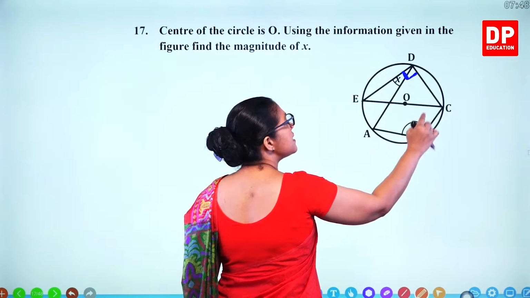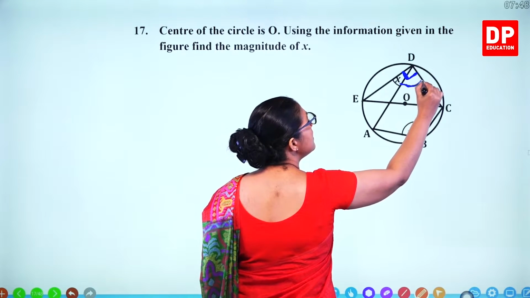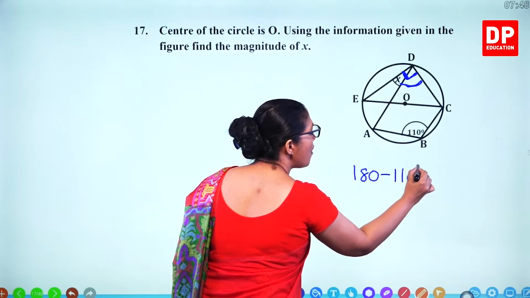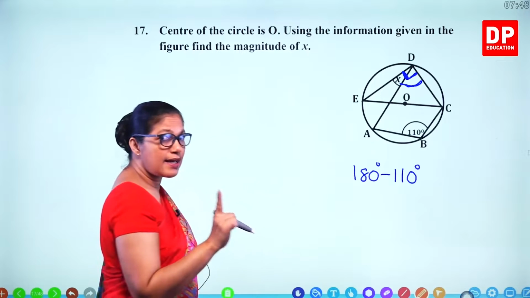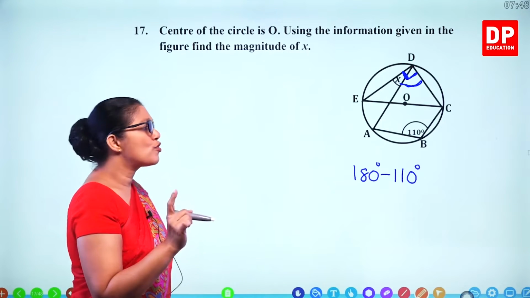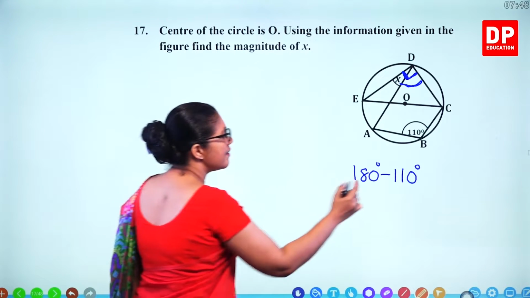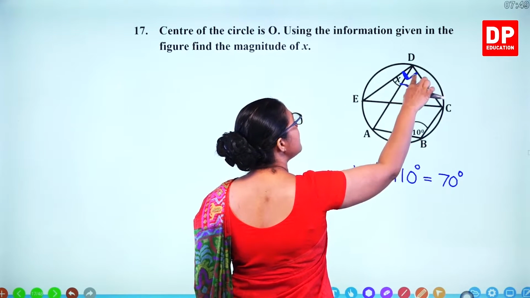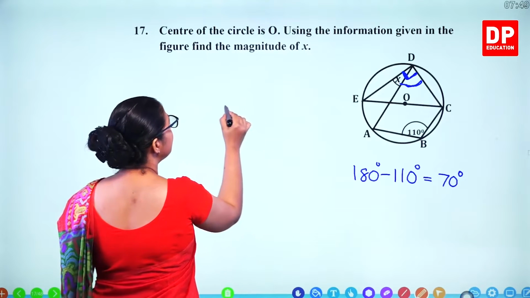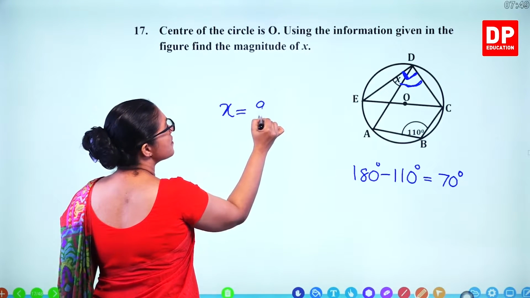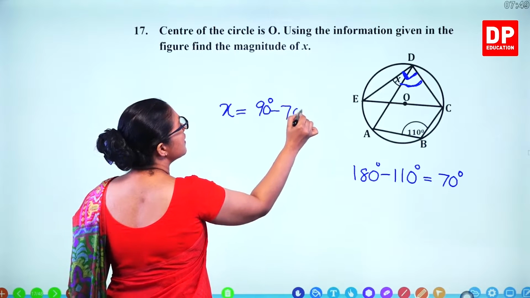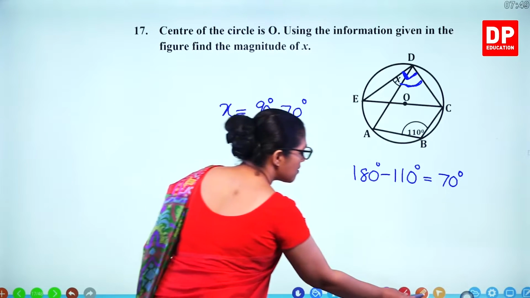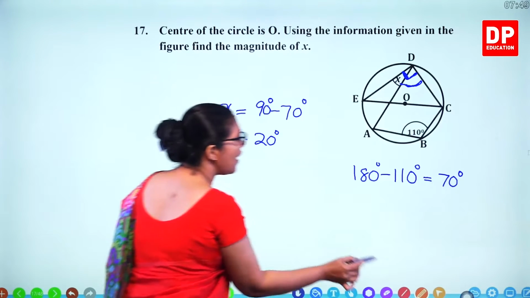If this is 110, what is this angle? 180 minus this, because the sum of opposite angles in a cyclic quadrilateral is 180 degrees. So you get 70 here. This is 70 and this is 90. So x becomes 90 minus 70, you get 20 degrees. So 2 marks for that.